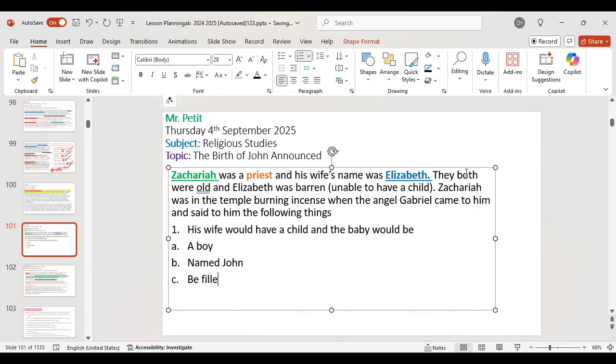He'll be filled with the Holy Spirit from his mother's womb.